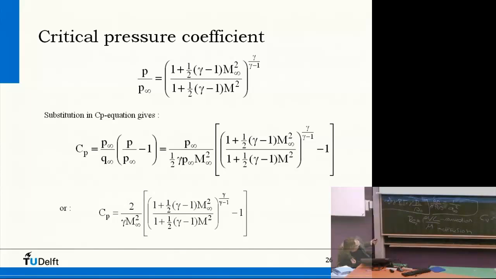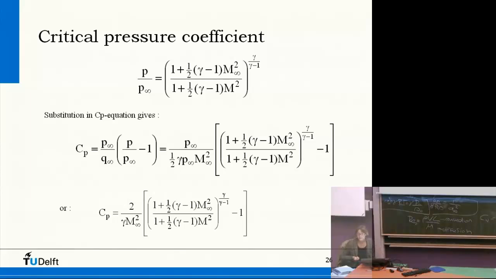We get the relation for a pressure coefficient. This is not critical yet, this is a pressure coefficient, relating the pressure in a certain point to the pressure in the free stream, right? Cp. And what you see is that it's a function of the Mach numbers: the Mach number at infinity and the Mach number at the pressure point, P.